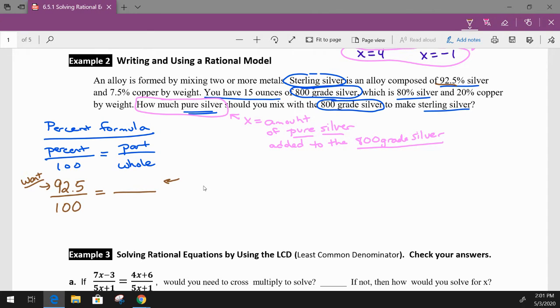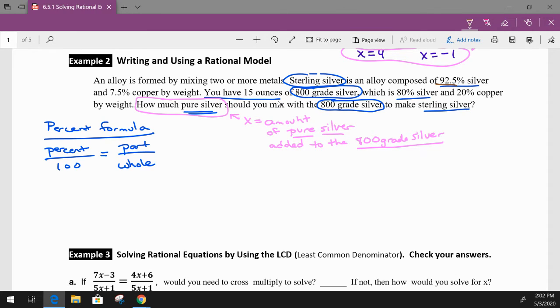Okay, so we need to figure out, this is a little more complicated than I thought it was going to be, but we want to figure out how much actual silver we have in this 15 ounces. So this is actually going to take a couple of different equations. All right, so let me back up here a minute.